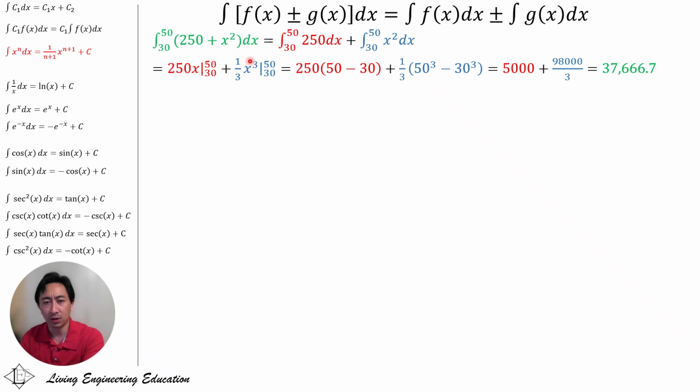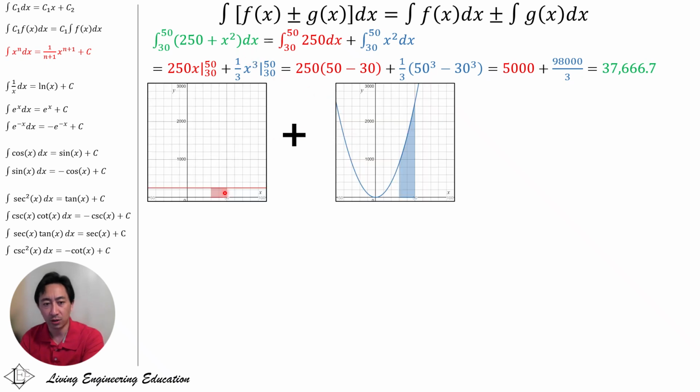So graphically, how does this get represented? So here's my constant 250 integral. Here's my x squared integral. So if I just add these together, I think it's easier to think about this as placing at the bottom and just bumping up my x squared graph by 250.